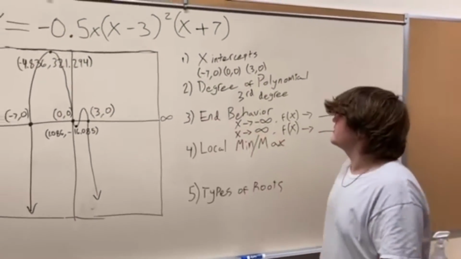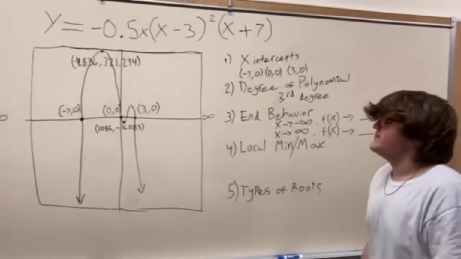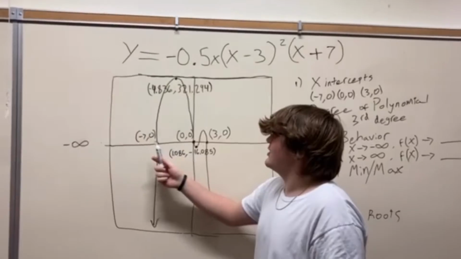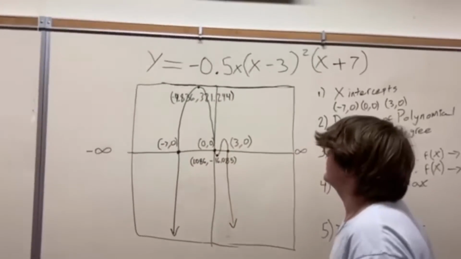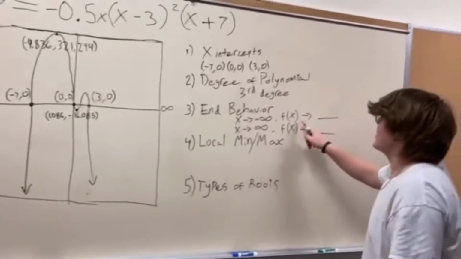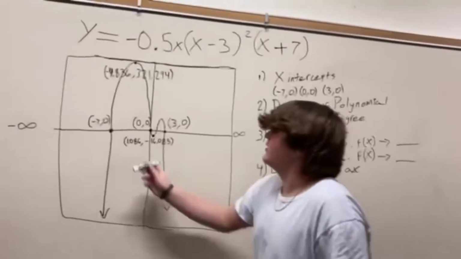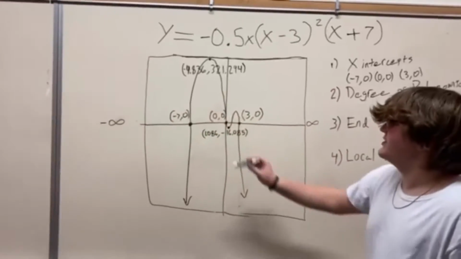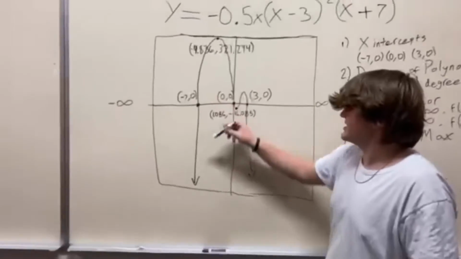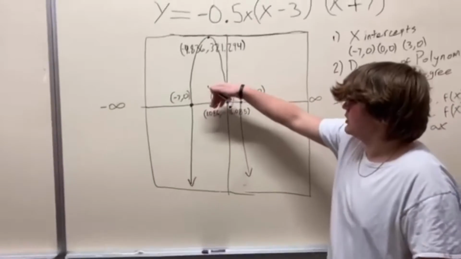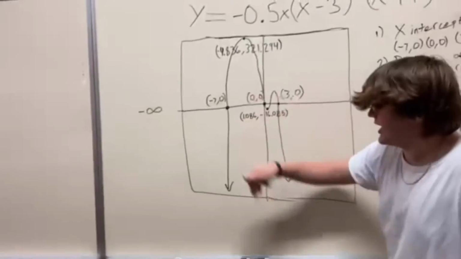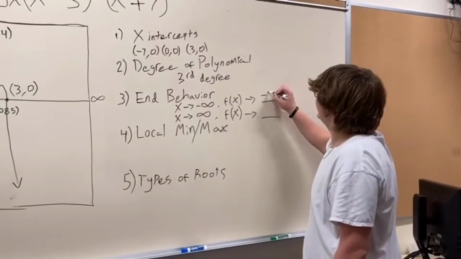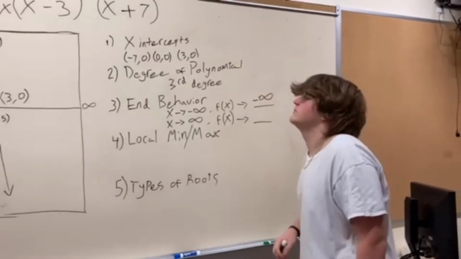And now for our third, we have end behavior. As we see here, when x is going to -infinity, we are trying to find out where f of x is going. When x is going to -infinity on the x-axis, f of x, or this line, is going down on the y, that means that f of x is going to -infinity.